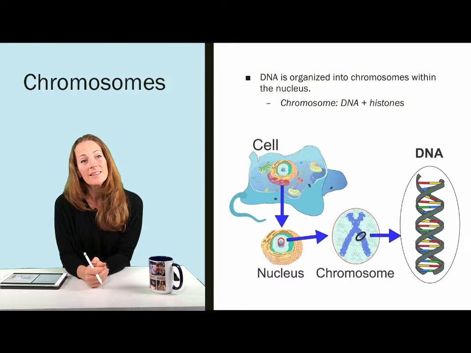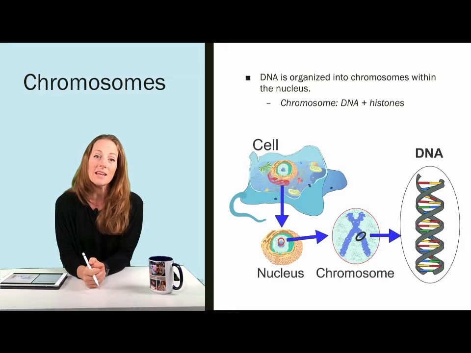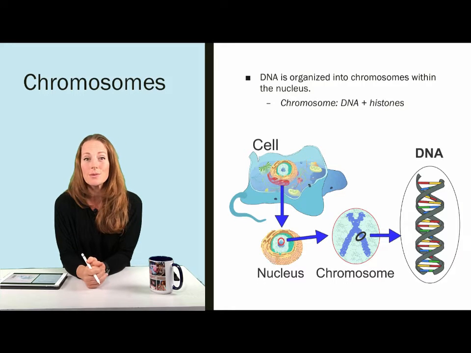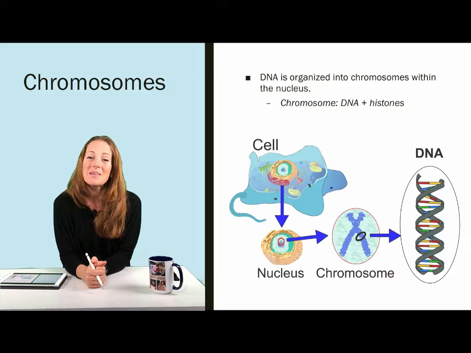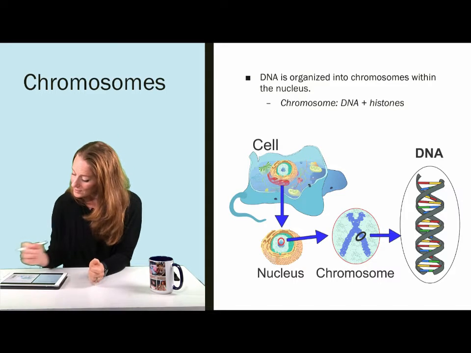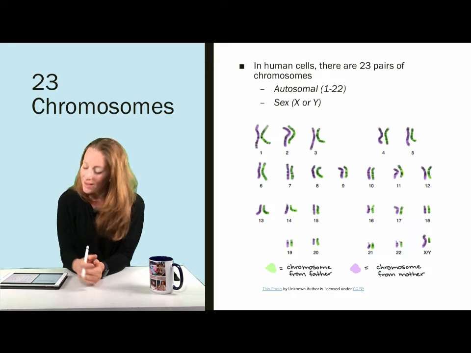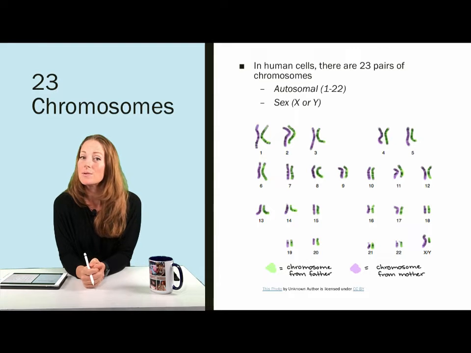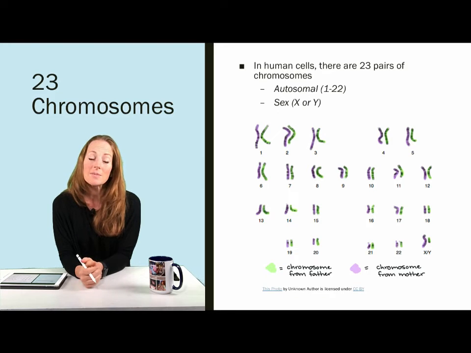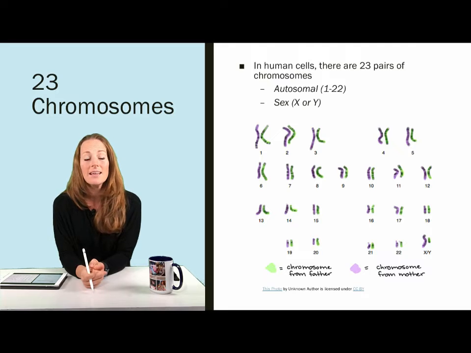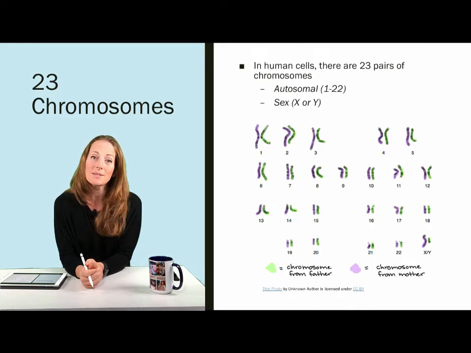Within the nucleus, these long strands of DNA code are organized into chromosomes. Chromosomes are long sequences of DNA wrapped in histone proteins. There are 23 chromosomes in the human nucleus. 22 of those are autosomal, numbers 1 through 22, and the last chromosome is a sex chromosome determining male or female sex, having an X or a Y chromosome.